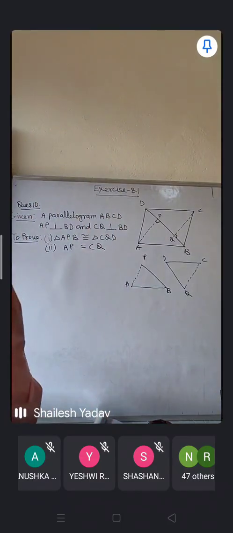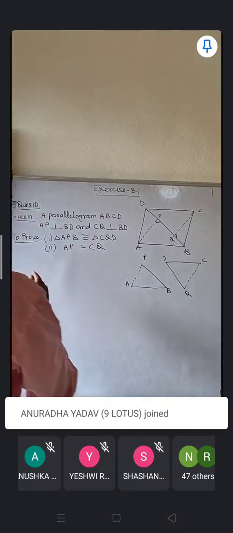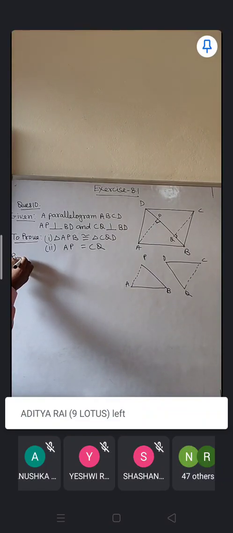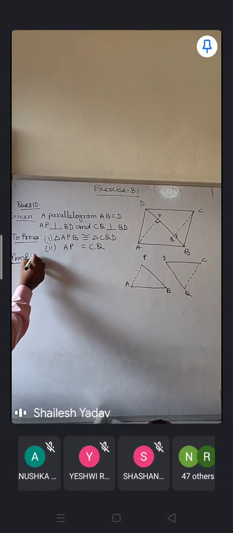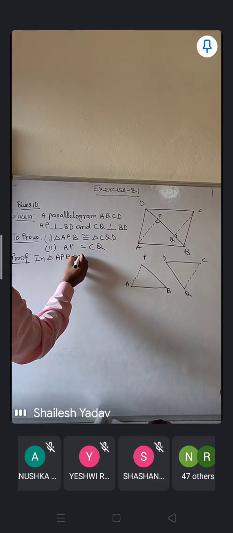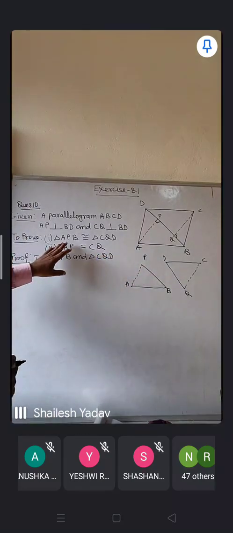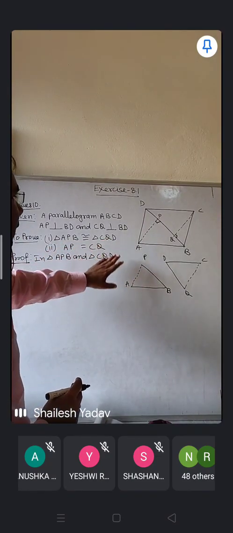So now I need to show three values equal according to the criteria of congruency. So I am going to give the proof of this. So in the proof, in triangle APB and triangle CQD. So I am going to take triangle APB and triangle CQD.